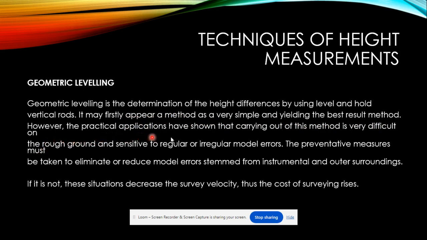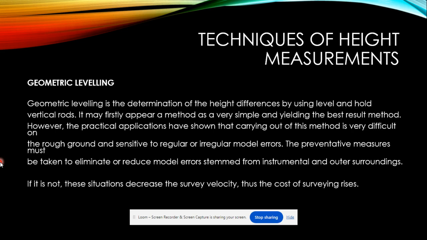However, practical applications have shown that carrying out this method is difficult on rough ground and sensitive to irregular model errors. So geometric leveling is mostly preferred on gentle lands where the land is not sloping steeply, because the types of instrument used to measure the levels are not very suitable for measuring steep slopes.